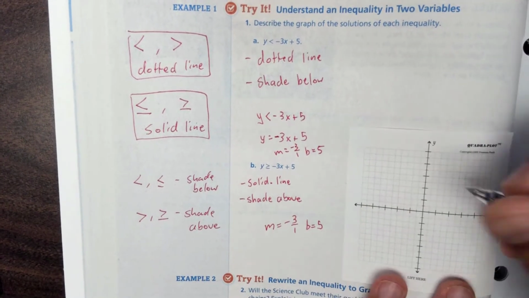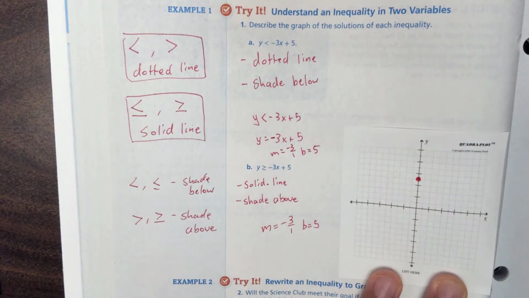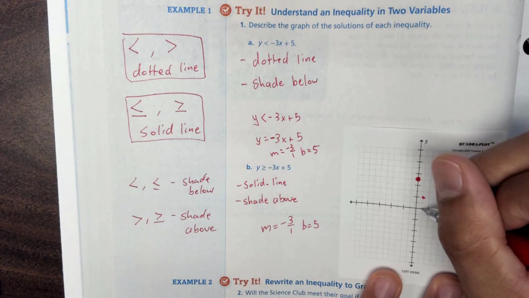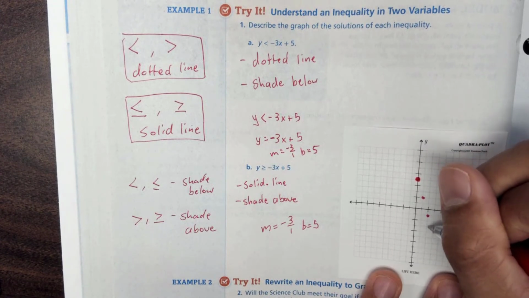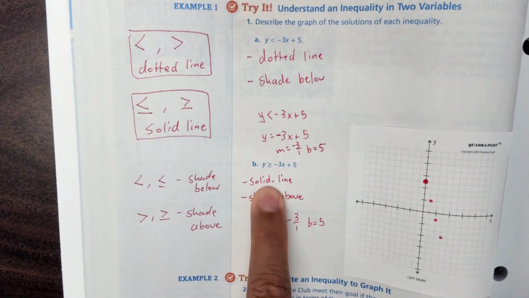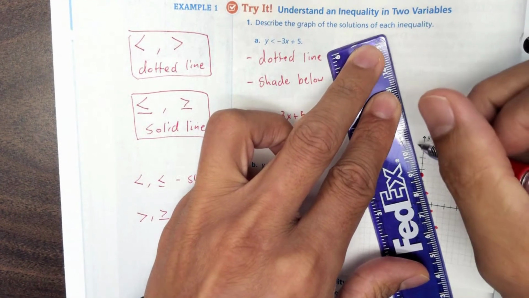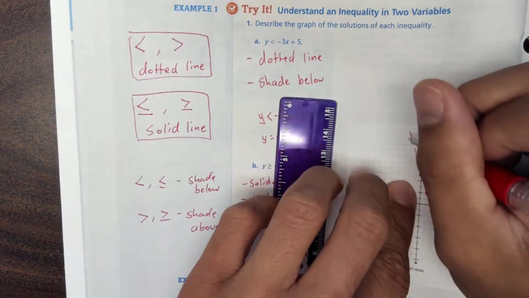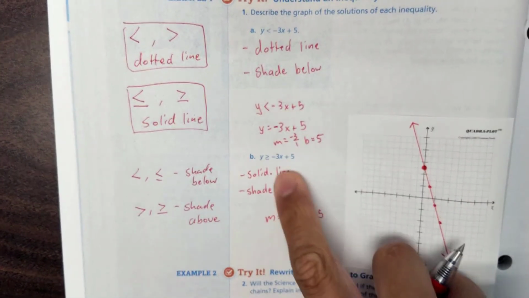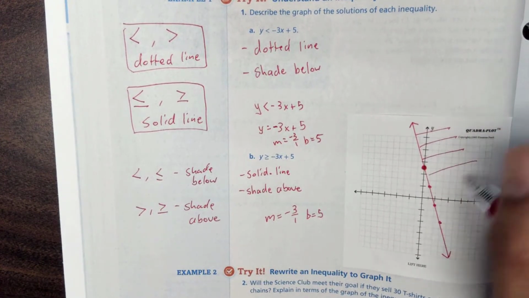So I'm going to graph that over here, and from there go down 3 over 1, down 3 over 1. Going back to the characteristics of this graph, it's a solid line, and it's going to be greater than, so we're going to shade above the line.